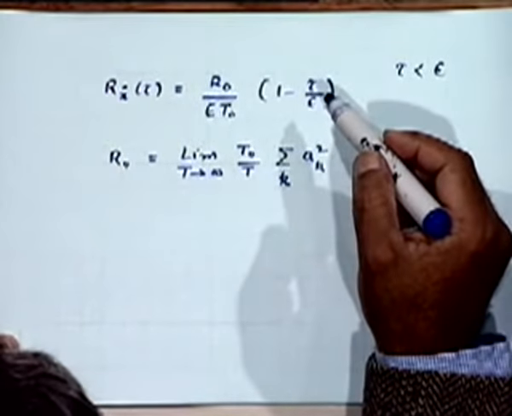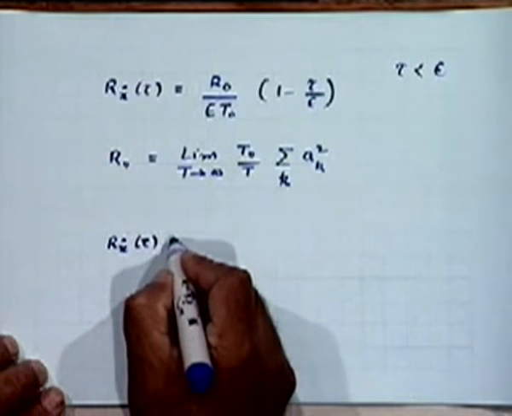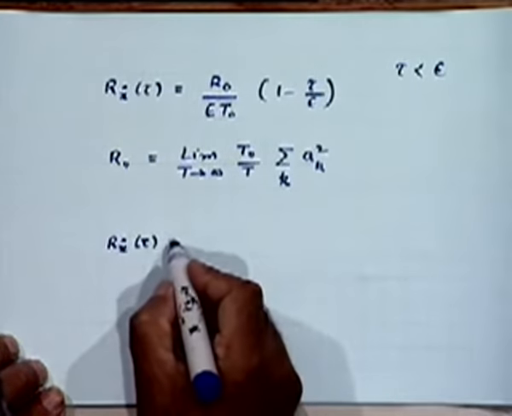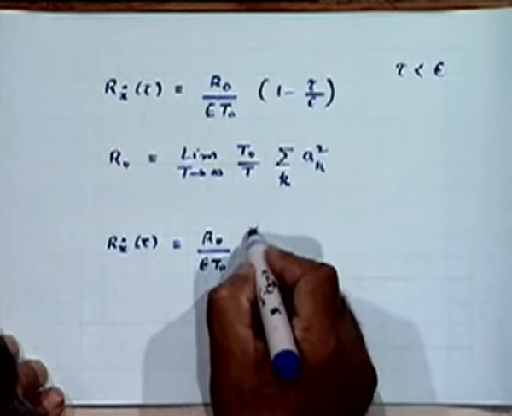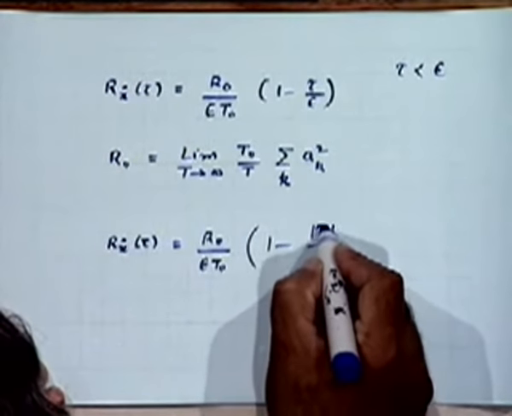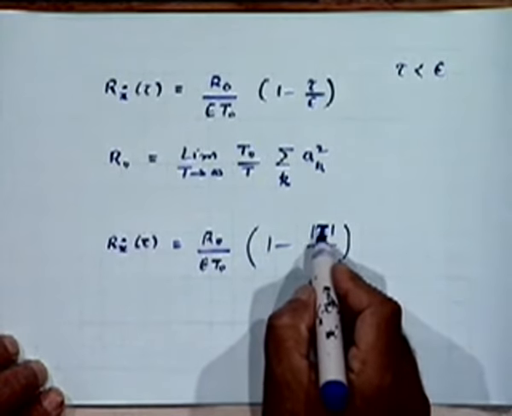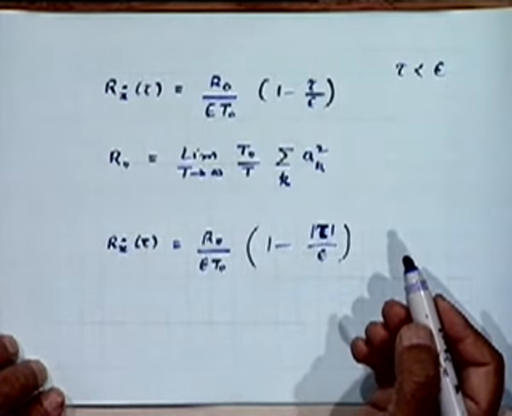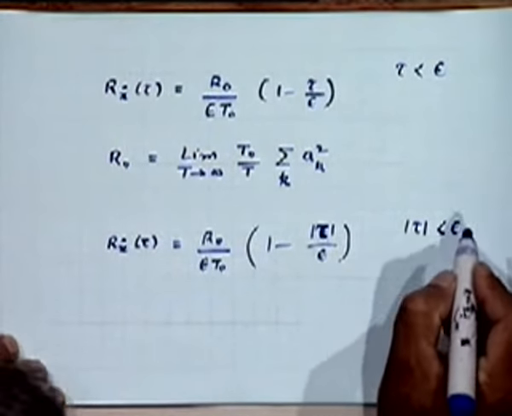So the same expression should be valid, or a similar expression should be valid for negative tau, except that this will become plus, or better, it is more convenient to write like this: 1 minus mod tau by epsilon, right? Because whether the shift is on one side or on the other side, you expect the same value of the autocorrelation, right? For the same value of tau, provided mod tau is less than epsilon.